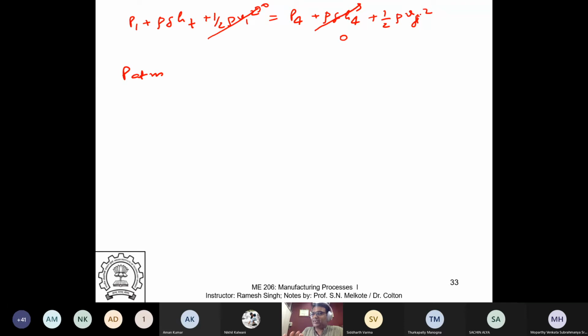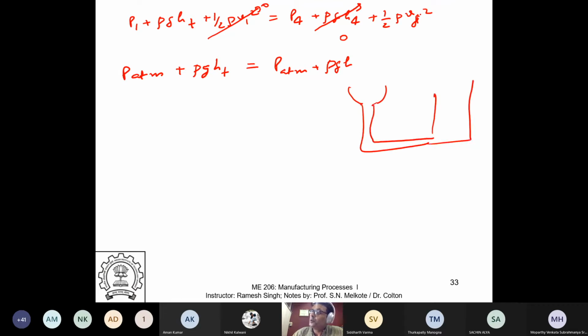Just wait a little bit. I'll tell you what is the difference between 3 and 4. P atmosphere plus rho G HT. P4 is P atmosphere plus rho GH, whatever is the height here. If I have something like this here, whatever is the height here, there is a back pressure because of this static liquid metal column.